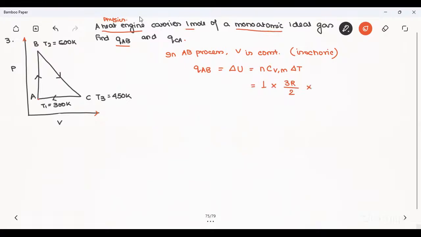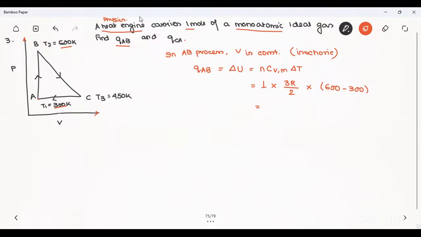And what is the delta T? 600 minus 300. So whatever you will be getting in terms of R, and the options will be given also in R. So is this part clear to everyone? Is this sum clear to everyone?